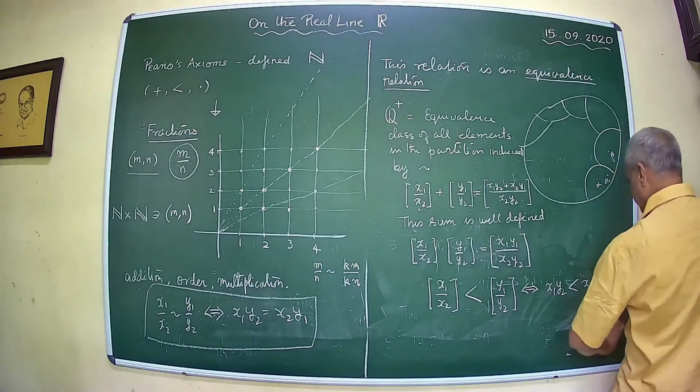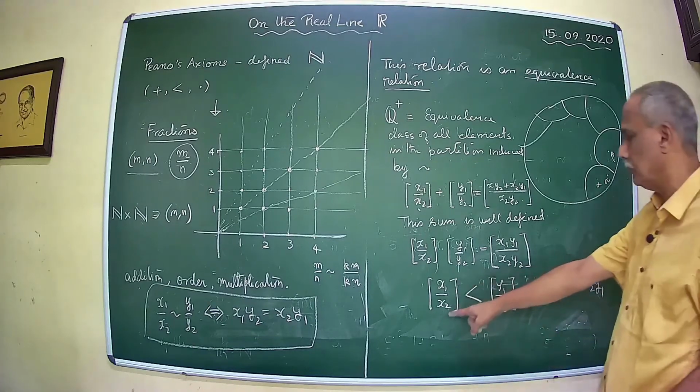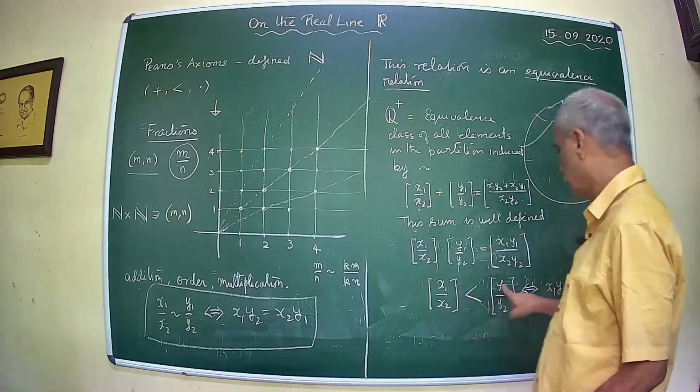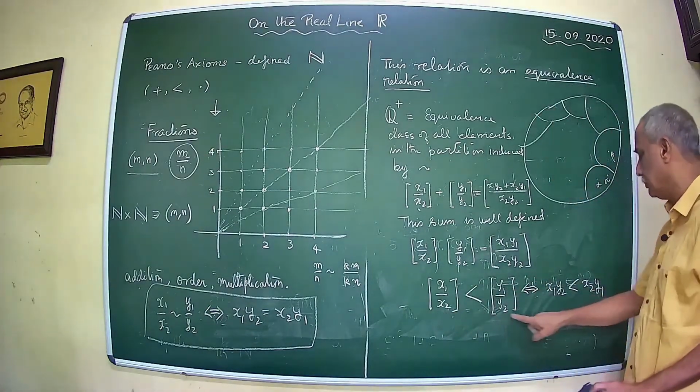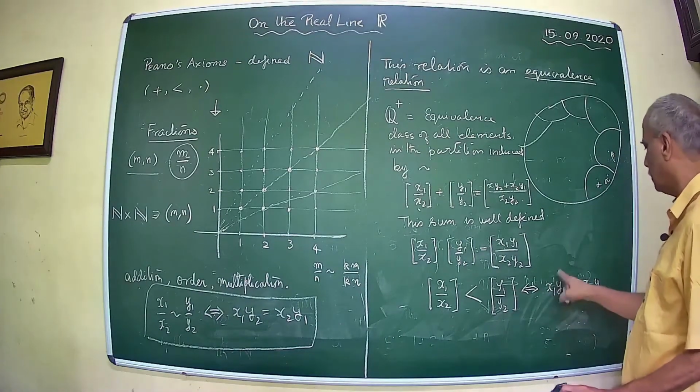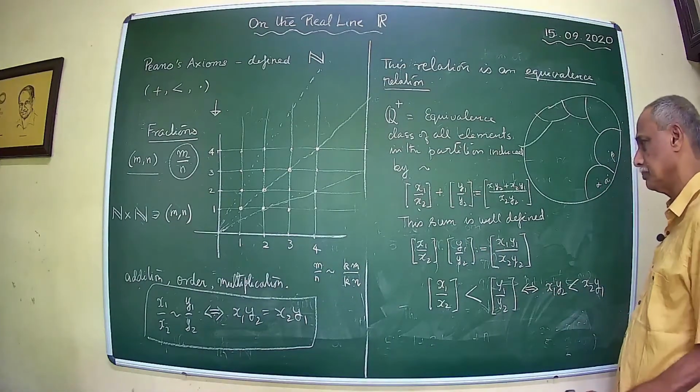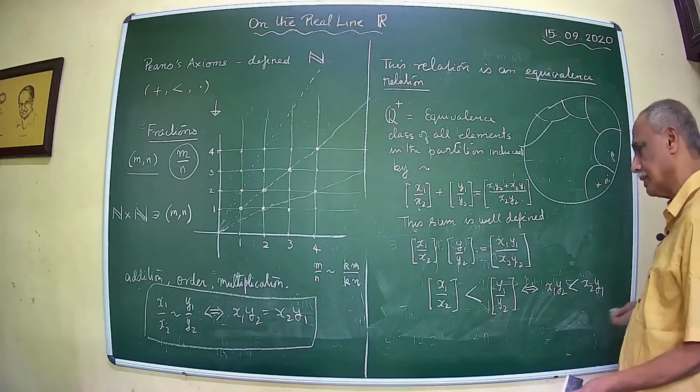So what you expect is this: if you choose x1 prime by x2 prime, y1 prime by y2 prime, then the same relation should hold with the primes. You can prove that this is so.